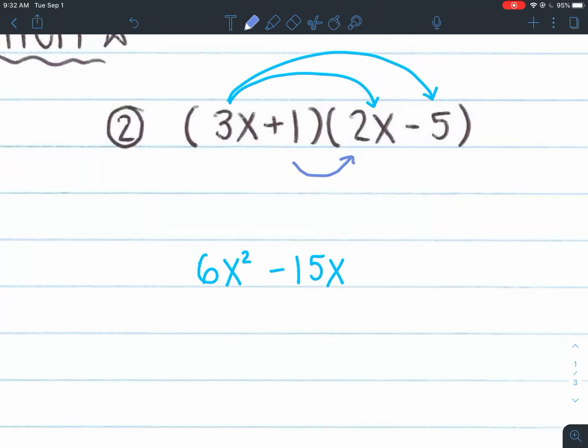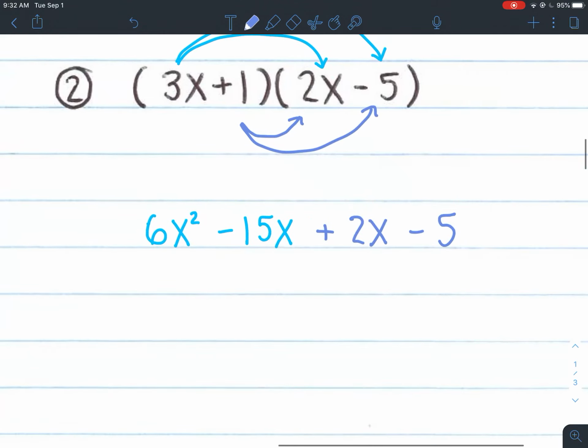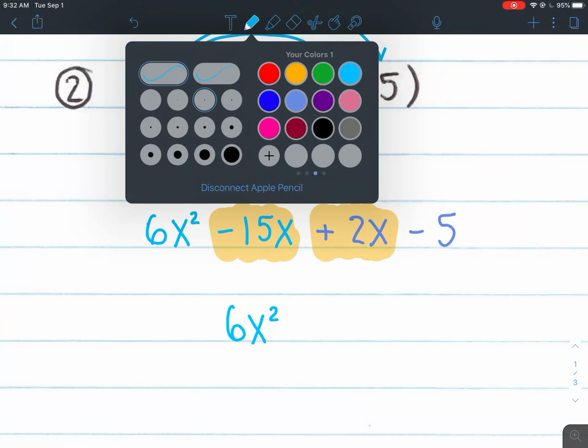So we have 1 times 2x, which is positive 2x. And then 1 times negative 5, which is negative 5. Before you finish, you always check for like terms. In this case, I do have some. Negative 15x and positive 2x. So I'm going to go ahead and write down 6x squared in the front.